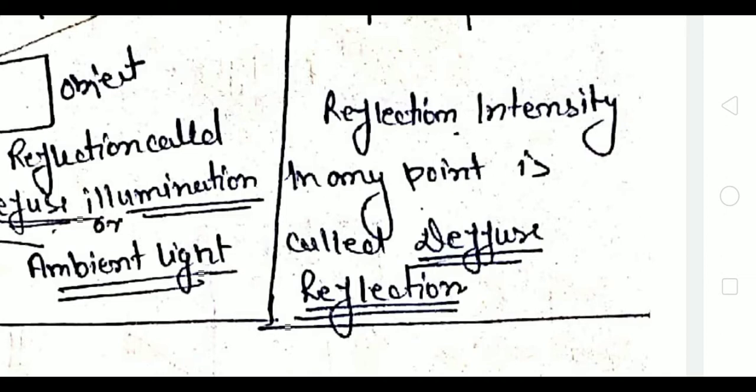Whatever light is reflected from that surface has the same intensity at every point. This type of light is called diffuse reflection.